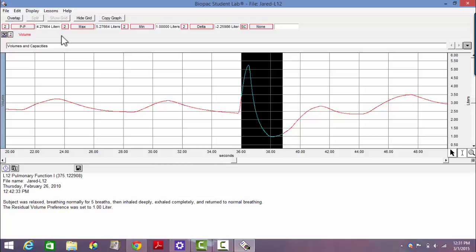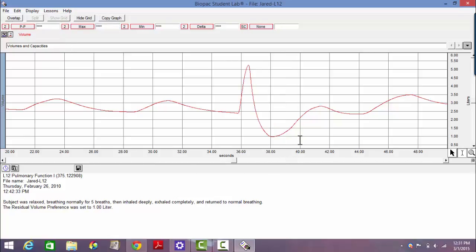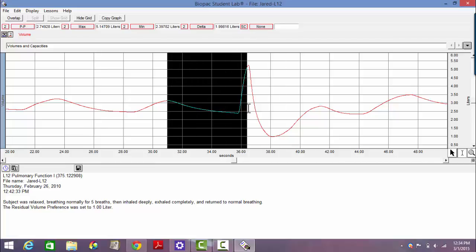Now we can also measure inspiratory reserve volume and expiratory reserve volume. And the way that we want to do that is we want to actually use the delta measurement again. So what we want to measure here with inspiratory reserve is from the peak of normal inspiration to the peak of maximal inspiration. We want to get the difference of those two.